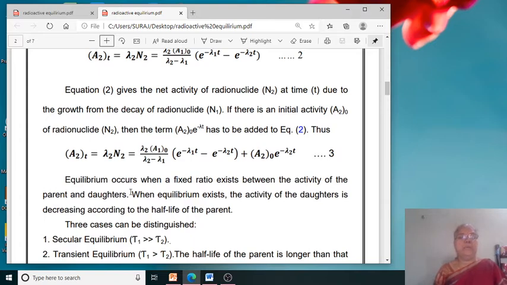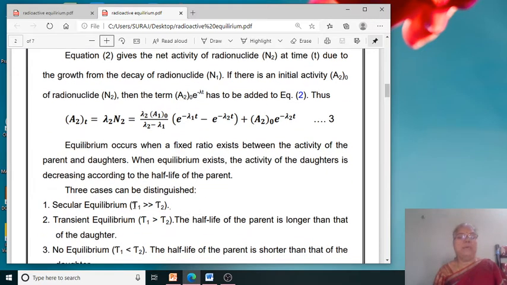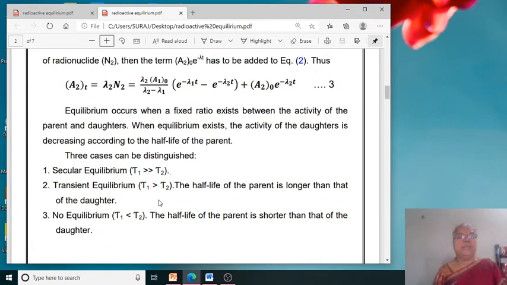Thus, equilibrium occurs when a fixed ratio exists between the activity of parent and daughter. Then equilibrium exists. The activity of the daughter decreases according to its half-life. Then there are three cases here. Secular equilibrium: T1 is very much greater than T2, that means the parent is long-lived.